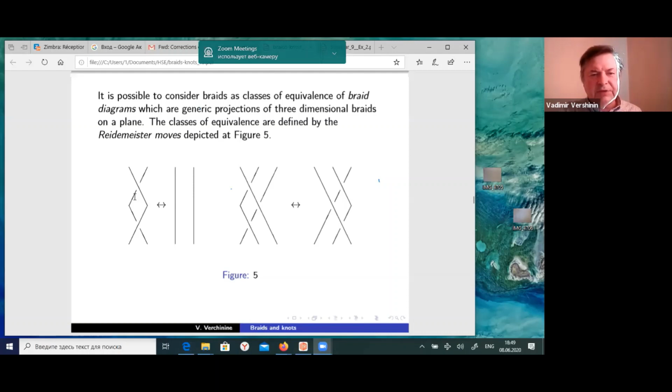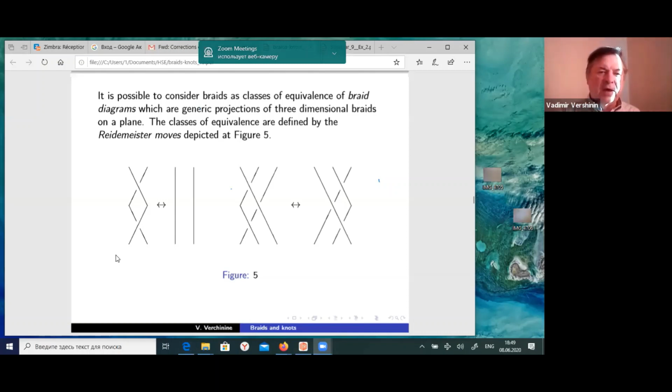A braid diagram is something which is depicted on the plane, and just as you have Reidemeister moves for knots, you should have Reidemeister moves for braid diagrams. So you can construct your braid theory starting with braid diagrams.